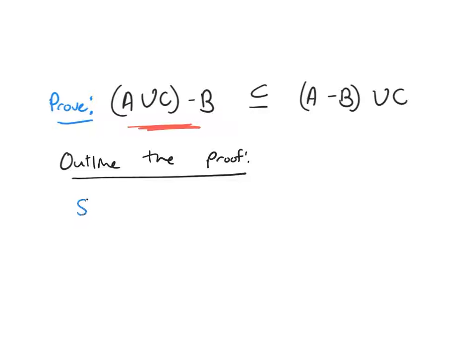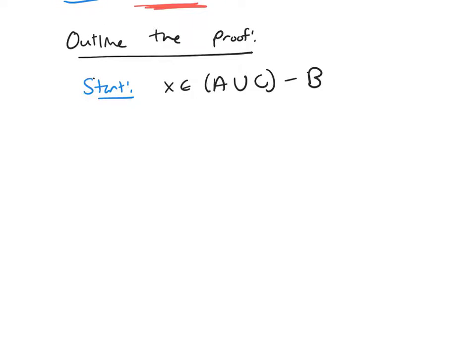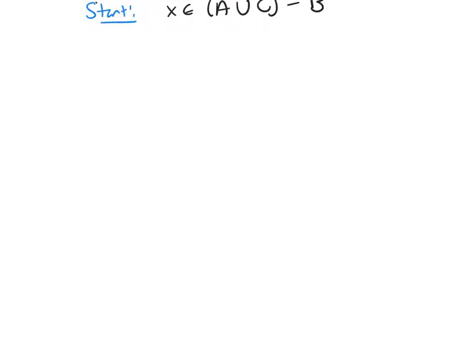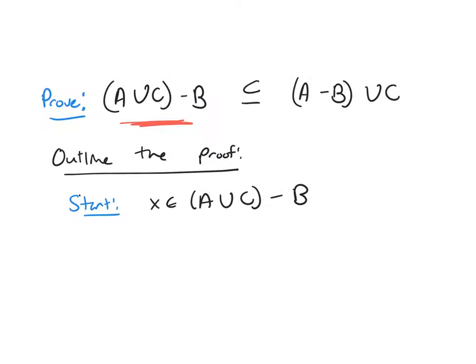So my start of my proof would be X is in A union C minus B. And then I'm going to leave some space. And then the end of the proof will be that X is in this other side here. X is in A minus B union C.